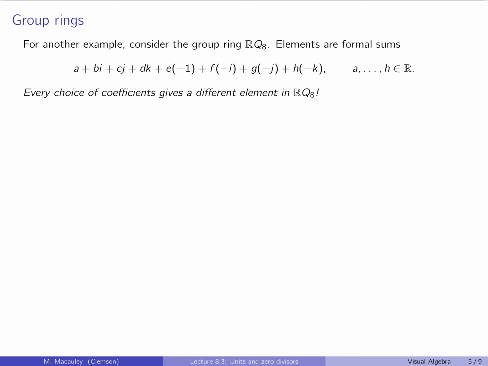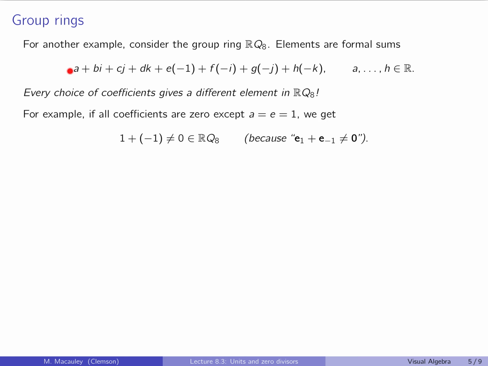And I want to emphasize that every choice of coefficients gives a different element in the group ring. For example, if all of these coefficients are 0 except for a equals 1 and e equals negative 1, well, then we get 1 plus 1 times negative 1, which is not equal to 0.